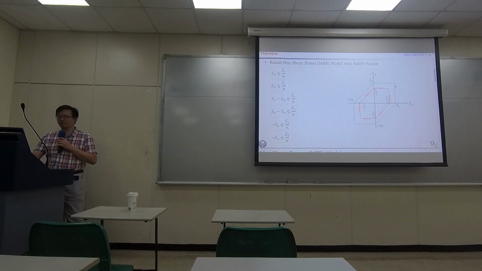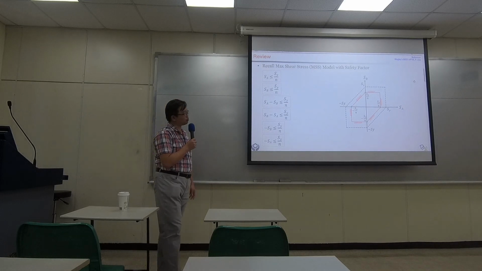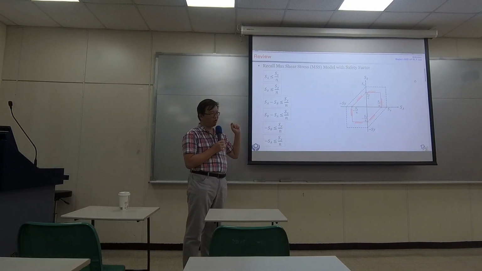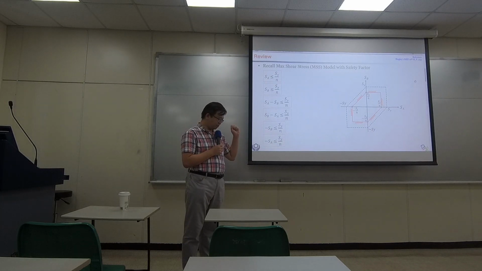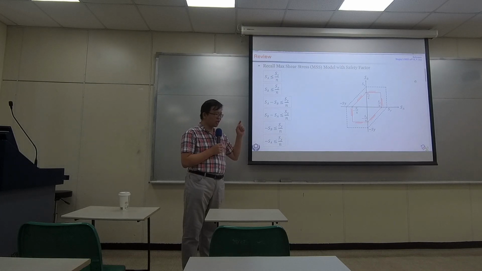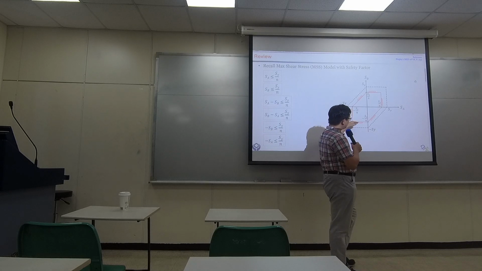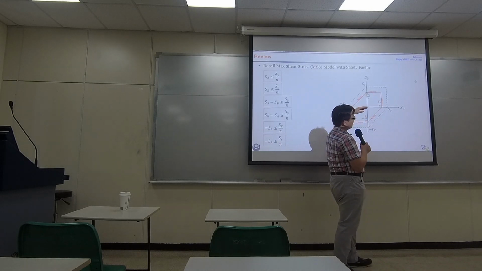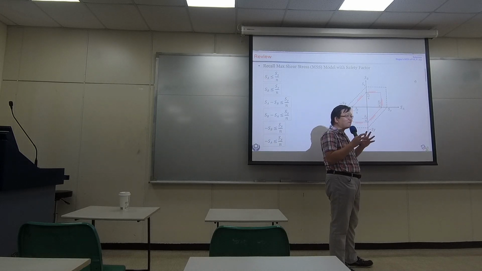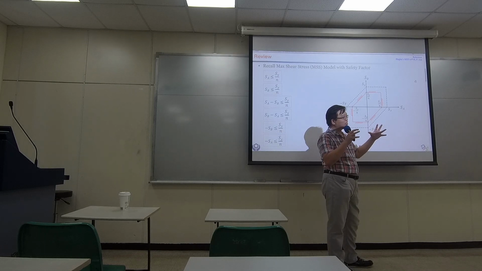So this is just a review of what we have done last time. This is the maximum shear stress model, and let me remind you, this is the most conservative model. So the design region actually is going to be the smallest, because we're conservative. We don't want to have a large design space.